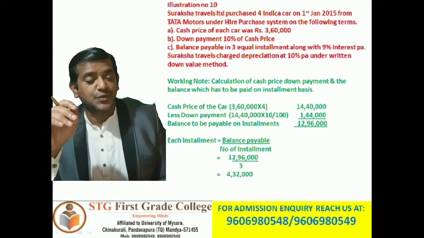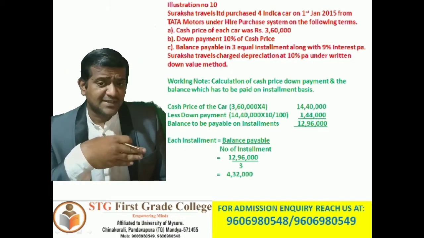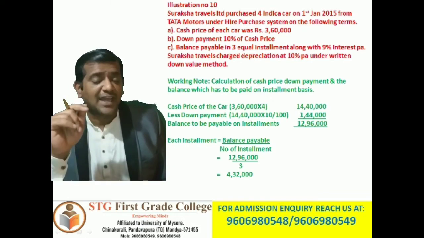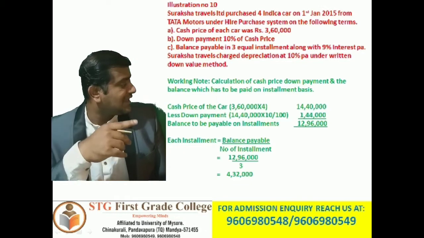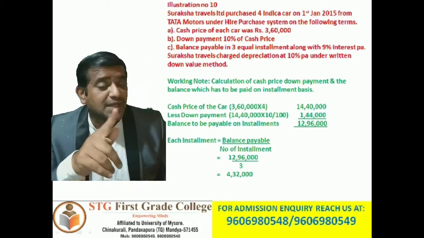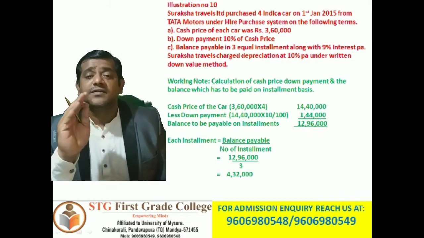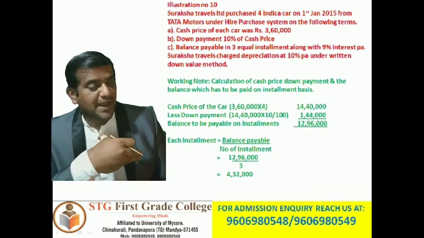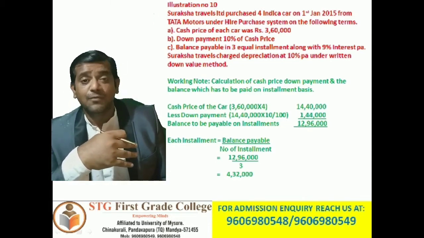So let us look at the cash price. Take down the cash price 3,60,000 into 4. So that comes to 14,40,000. Less the down payment: 14,40,000 into, because point B clearly says down payment is 10% of the cash price. Clear? So open the bracket, 14,40,000 into 10 divided by 100.